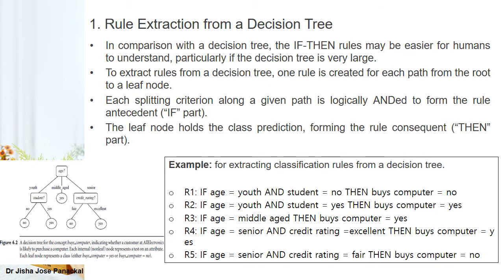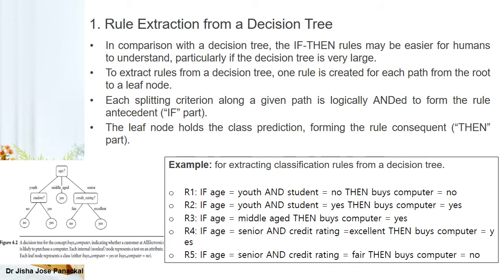To extract rules from a decision tree, one rule is created for each path from the root to a leaf node. Each splitting criterion along a given path is logically ANDed to form the rule antecedent, that is the if part. The leaf node holds the class prediction forming the rule consequent, that is the then part.